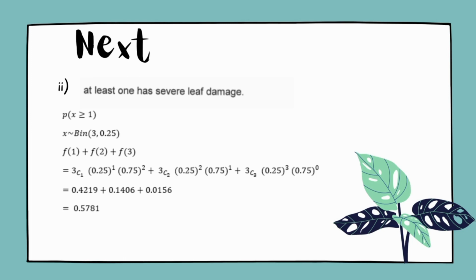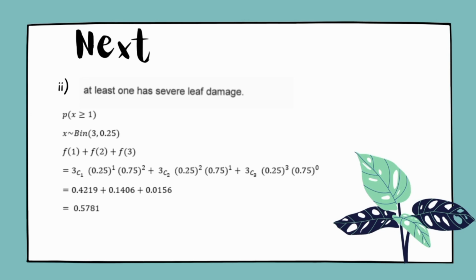So we use the previous formula. 3C1 because our x is 1, multiply with 0.25 to the power of 1 and multiply with 0.75 to the power of 2, and then we plus F2.